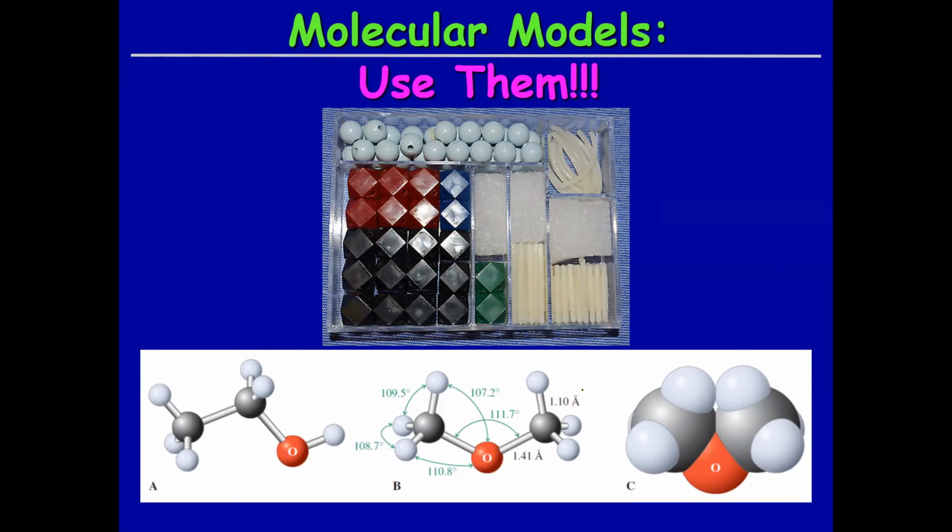Molecular models. I know these are expensive. Very expensive. A good molecular kit set might cost over 100 euros. But a bit of plasticine and toothpicks might cost less than 5 euros. I'm saying this because it will help you.